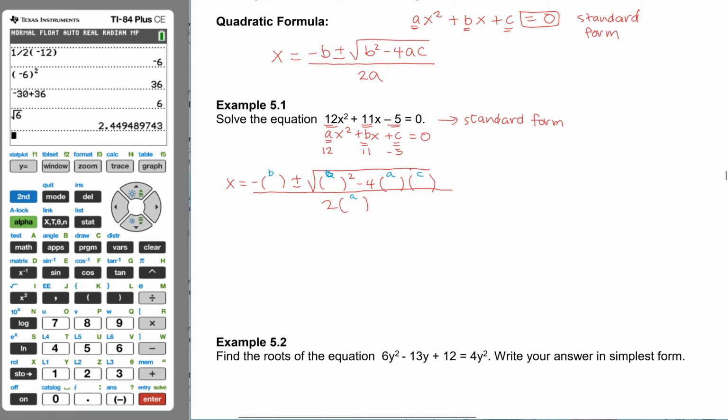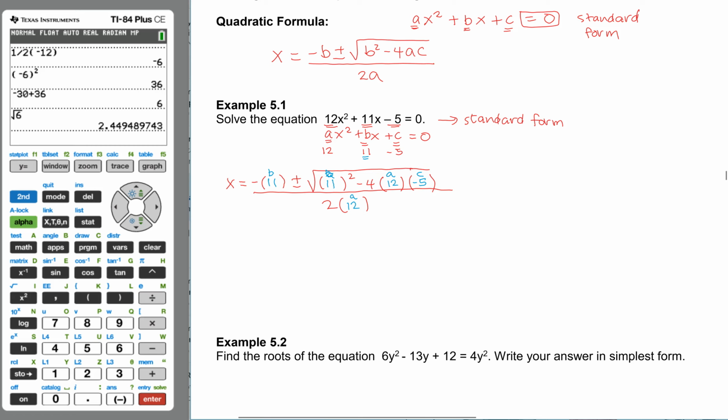So what you can do here is just plug in those numbers. b is 11, and this is also 11, a is 12, c is negative 5, and a is 12. Okay, it's simple. Try to have the structure first so that you will not be confused on what to do.